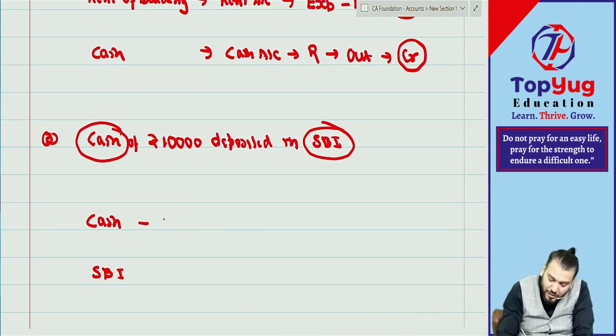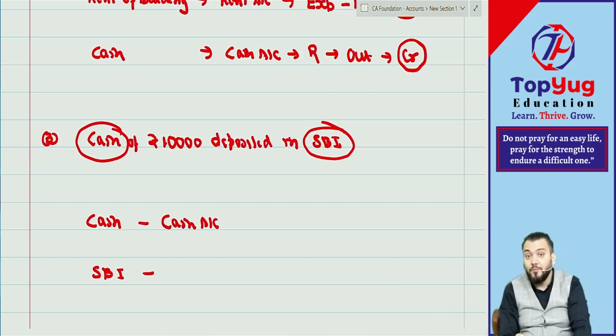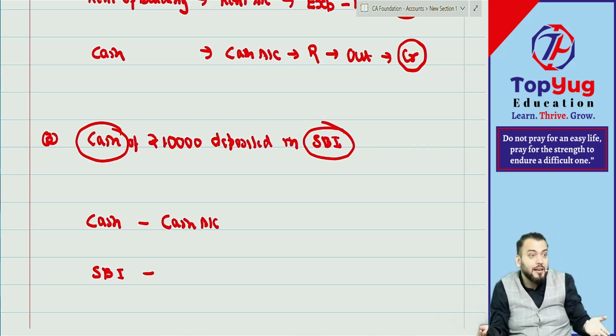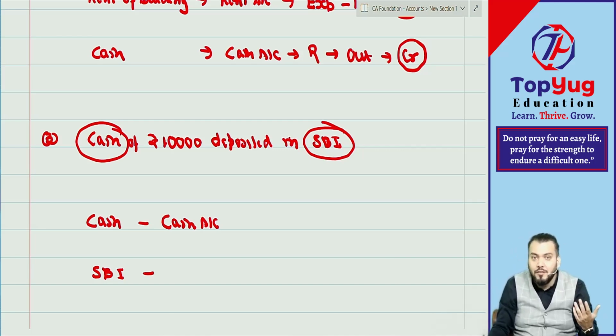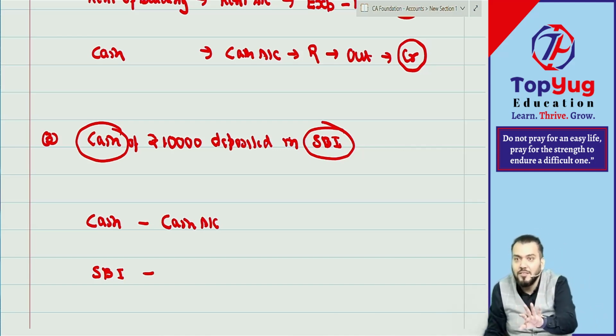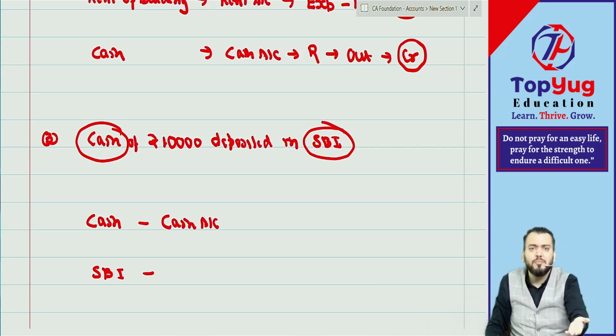For cash which account? Cash account. For State Bank of India, if you are saying bank account, it becomes a representative personal account. But you can also open an SBI account. I can open or not? Yes, that is what artificial person means. I can open an SBI account also, or I can open a bank account also. Both are correct.